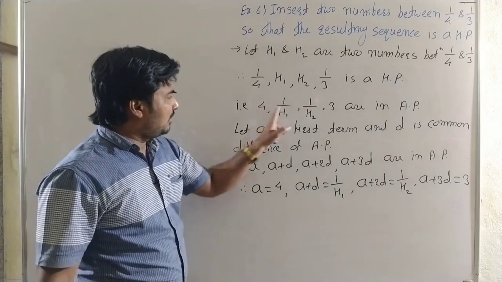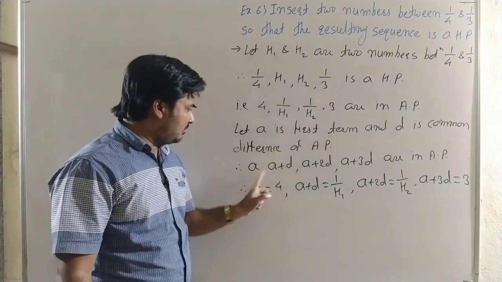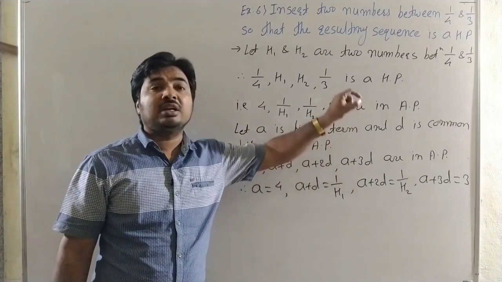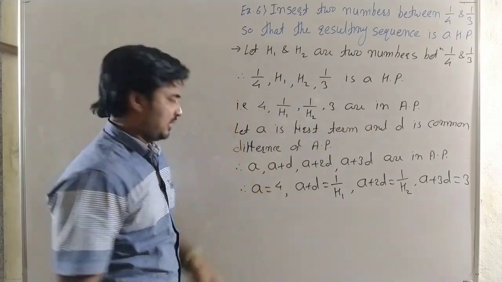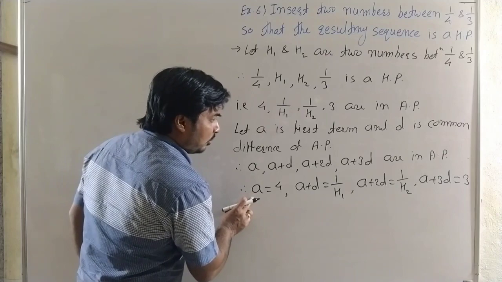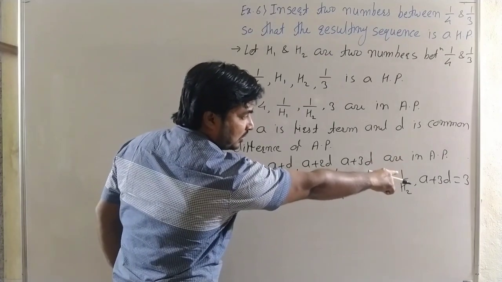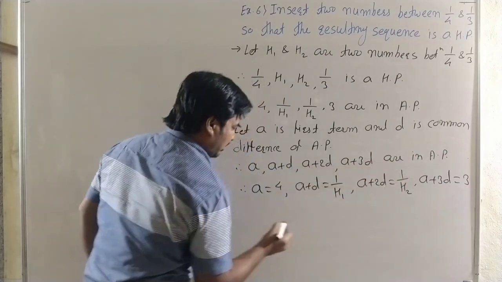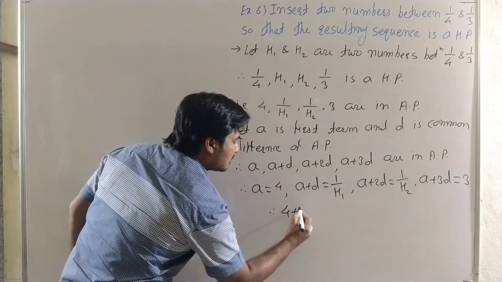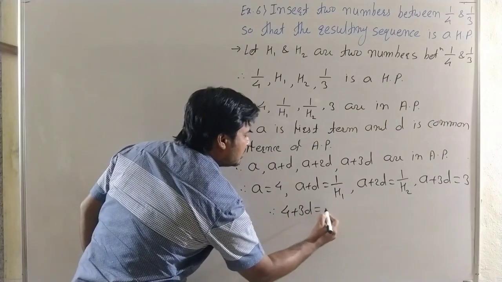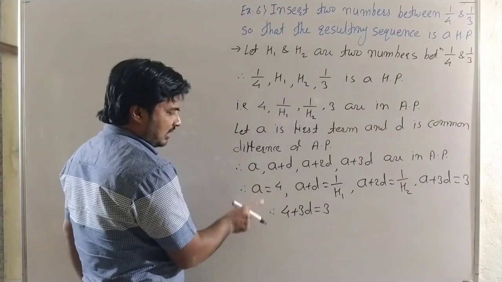Here it is t1, t2, t3, t4 in an arithmetic progression where a is the first term and D is the common difference. Therefore a is equal to 4 and, see carefully, a plus 3D is equal to 3. Therefore we can write 4 plus 3D is equal to 3. See carefully this.